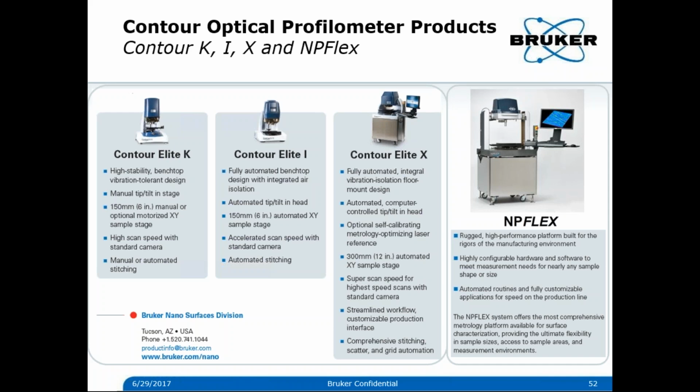The free copy will just include the basic software, and it does not include the modules. So from now until October, the free copy will be applicable for all the models listed here: Contour Elite K, Elite I, Elite X, and also Ampliflex.